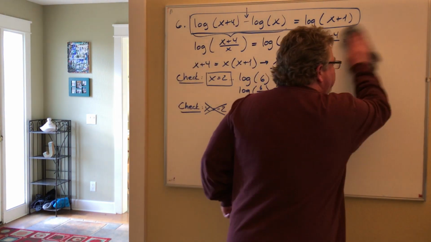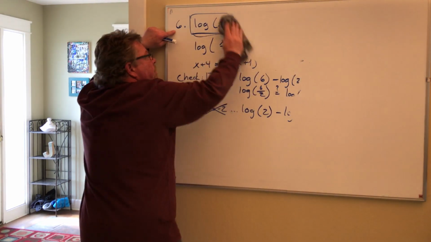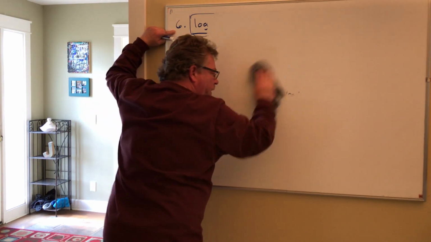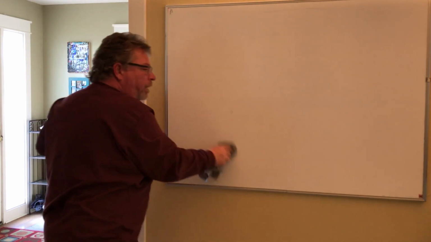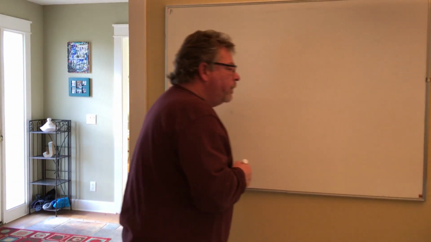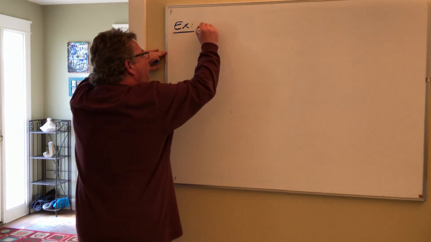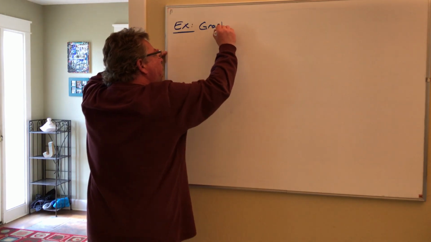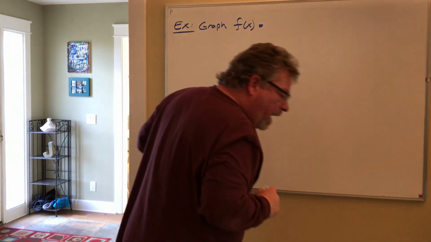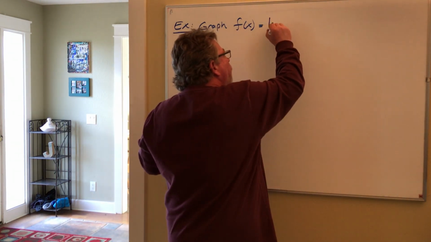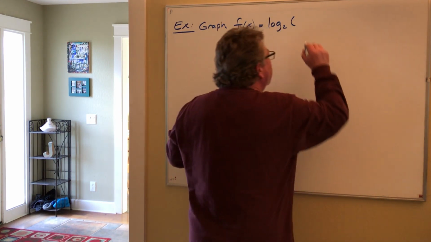I'm done with our numbered list of examples of log equations, and I want to shift gears a little bit and talk about graphing. So let's graph a log function. Let's take f of x is equal to the logarithm base 2 of (x plus 4).